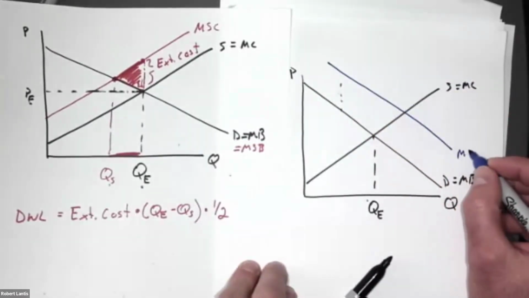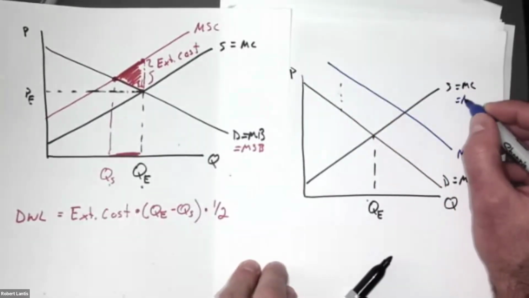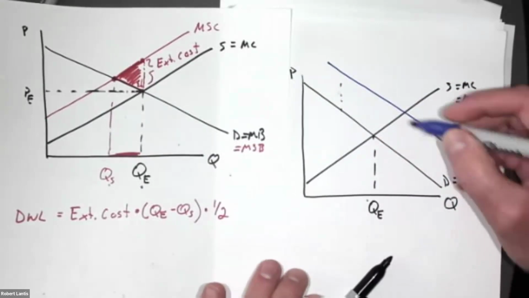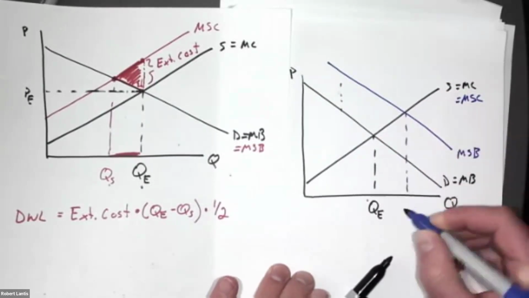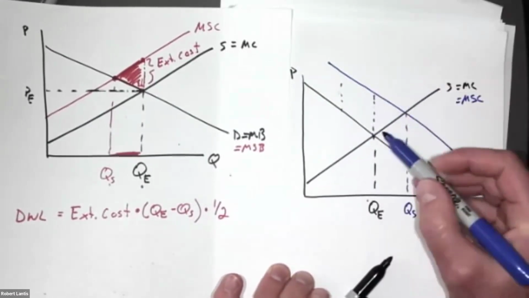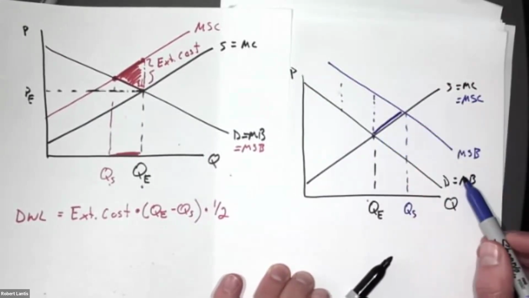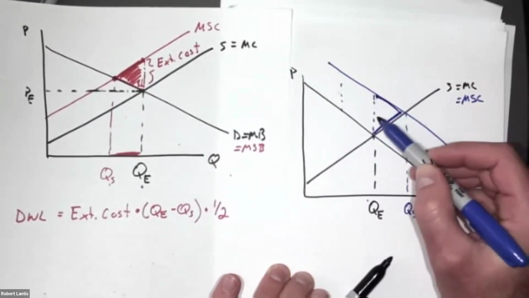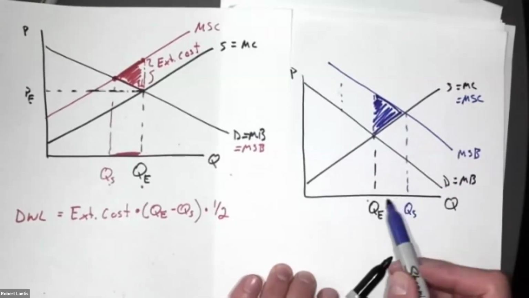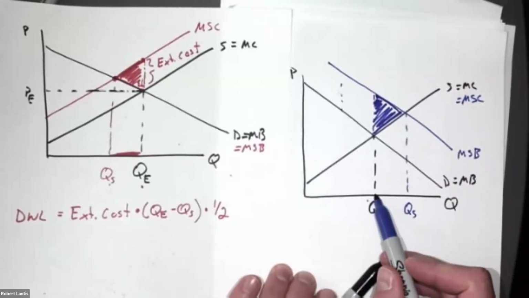So my marginal social benefit curve was up here. No negative externalities now, so we've got a marginal social cost here. Society wants that quantity to be actually higher. So for every unit here, the marginal social cost is less than the marginal social benefit. There would still be positive surplus that could be gained for society, but the market stops at this quantity.